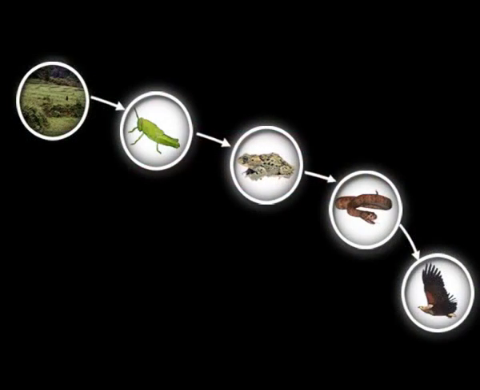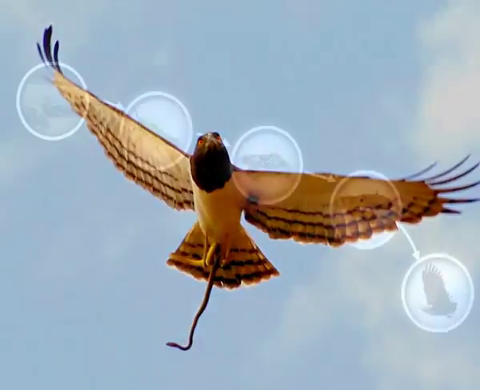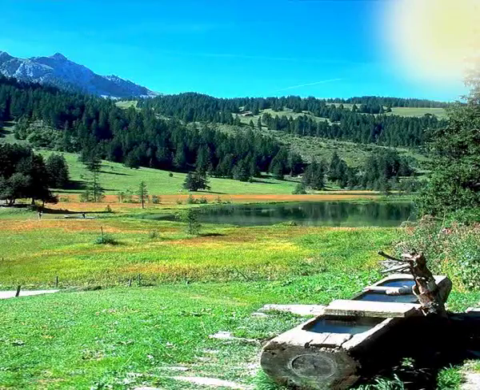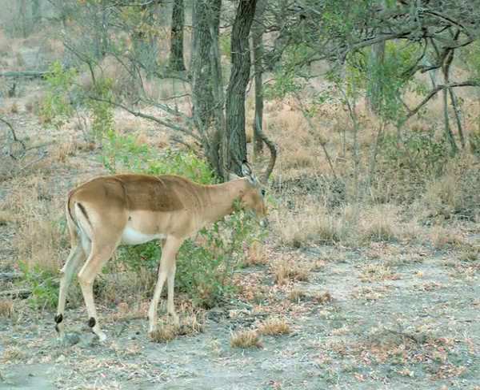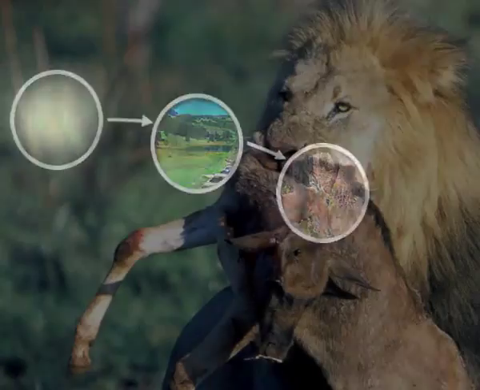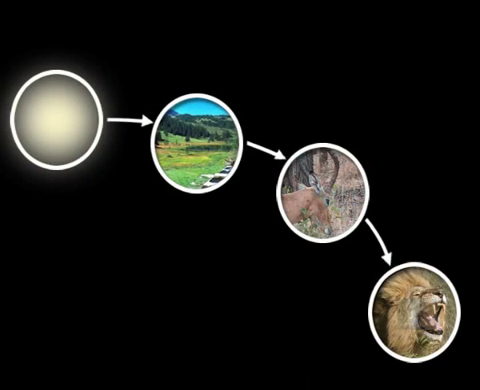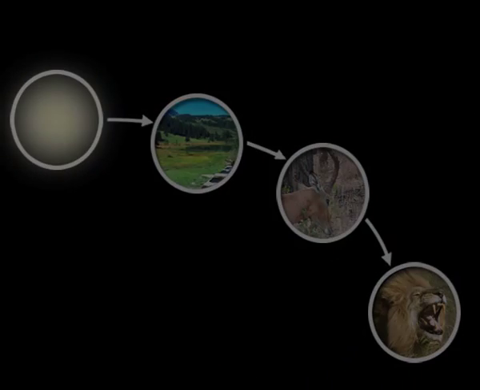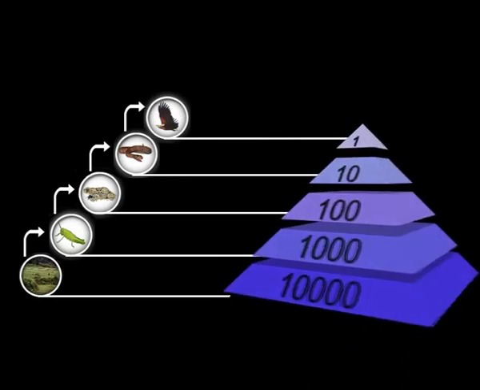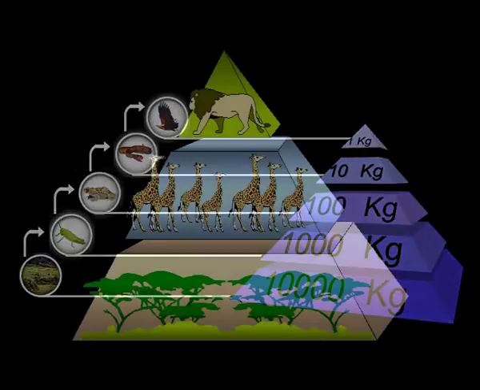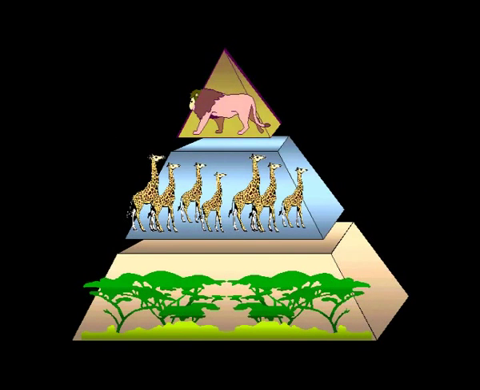The total energy passed from one level to the next is only about 1/10 of the energy received from the previous organism. Therefore, as you move up the food chain, there is less energy available. Animals located at the top of the food chain need a lot more food to meet their energy needs.